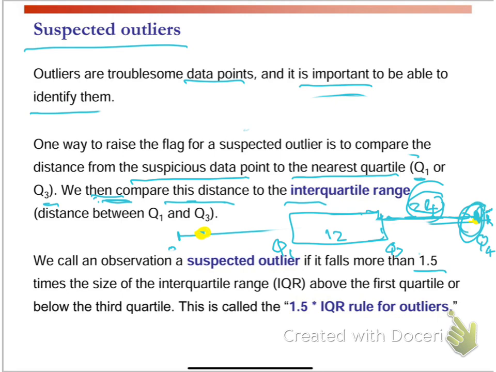So this point will be called a suspected outlier.